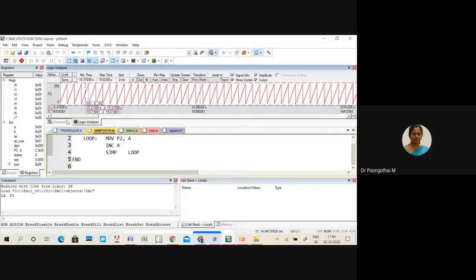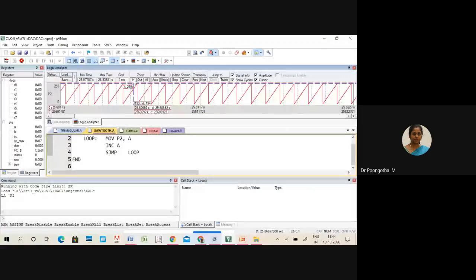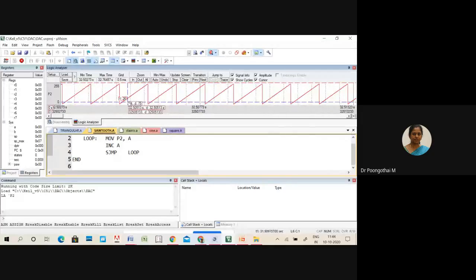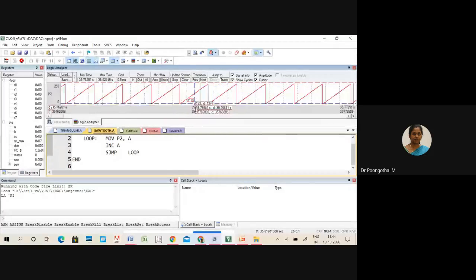So can you identify the difference between your sawtooth wave and triangular wave? 00 to FF and FF to 0 straight away.